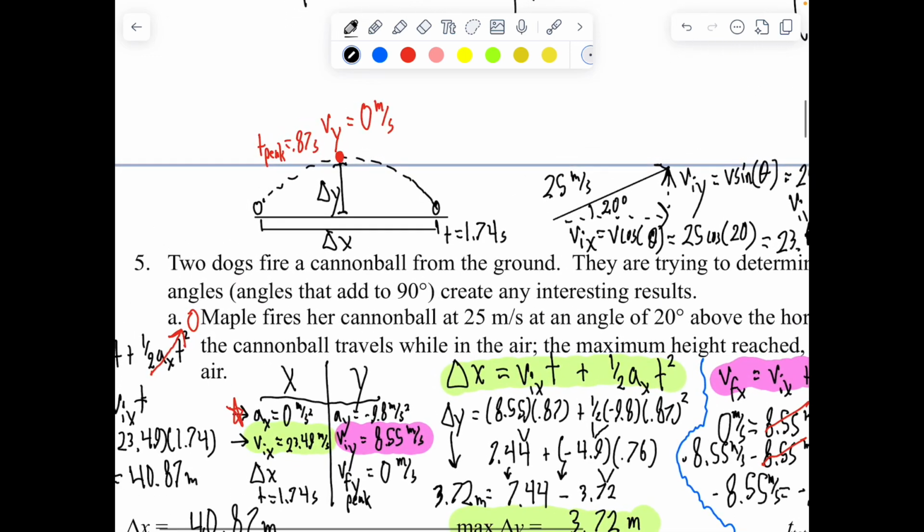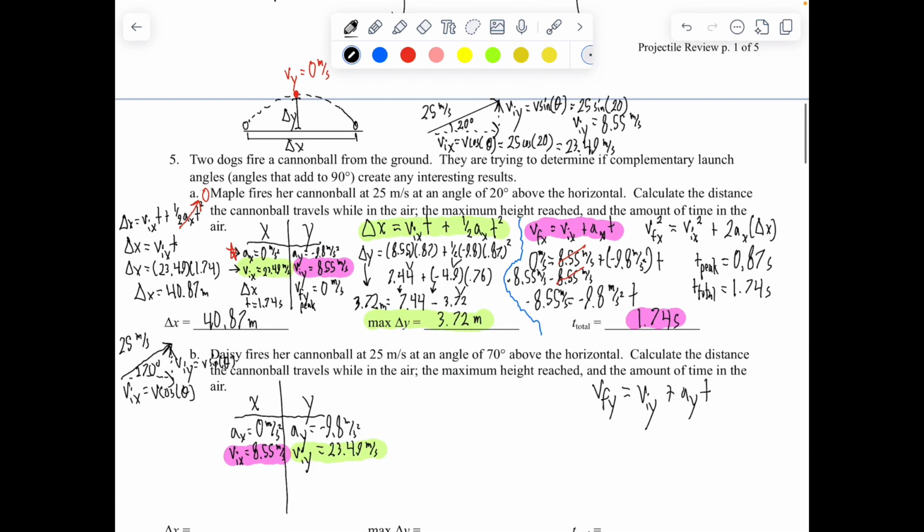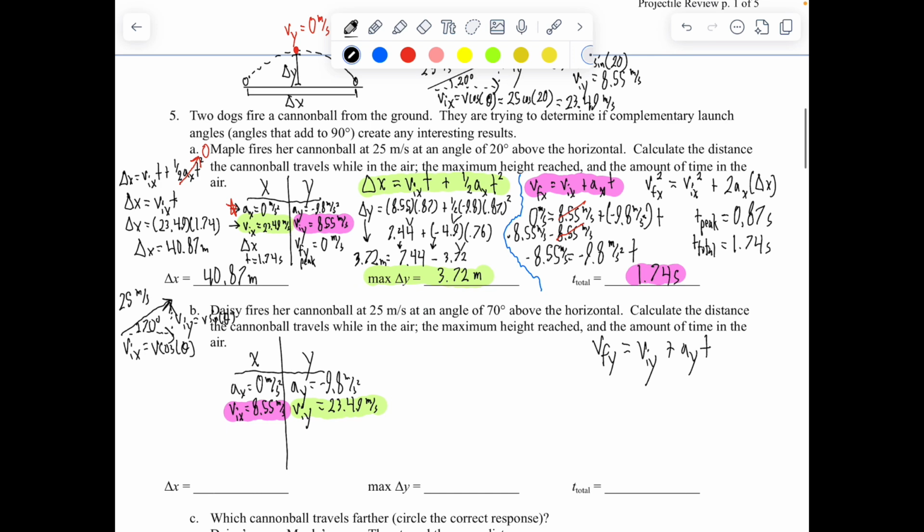We can still use this same diagram. It's still going to follow this parabolic trajectory. We just know the total time is no longer 1.7. Let's erase all of that. The time at the peak is no longer 0.87, but what is still true is that velocity at the top is 0. So what we do here is we can write final velocity in the Y, again, this is at the peak, is 0 meters per second.